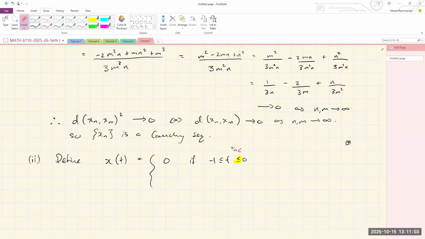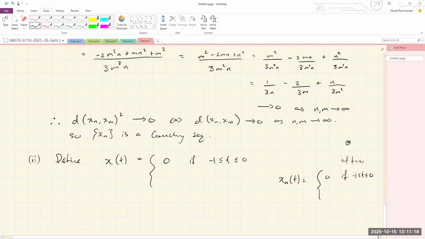From the definition of xn of t, the terms in my sequence, it's 0 if minus 1 less than t less than or equal to 0. So at t equals 0, xn of 0 is always 0, because we include 0 here.